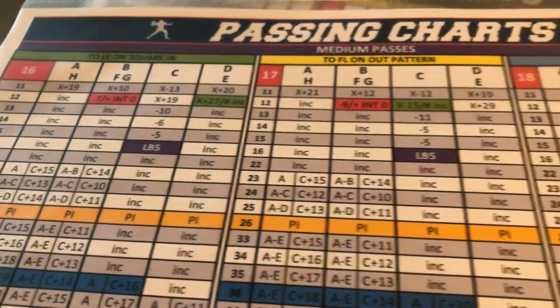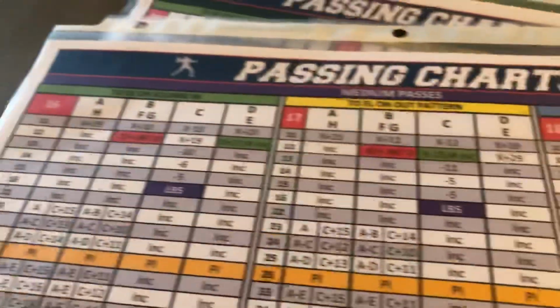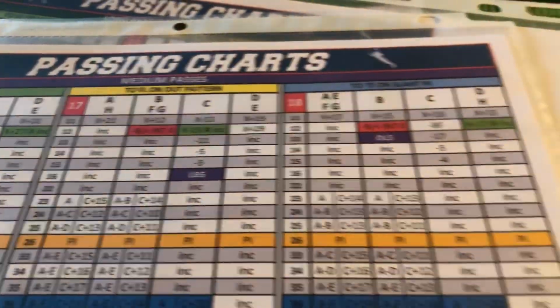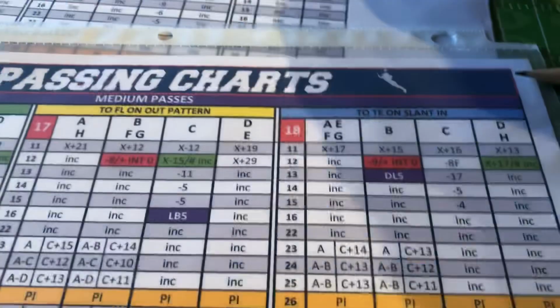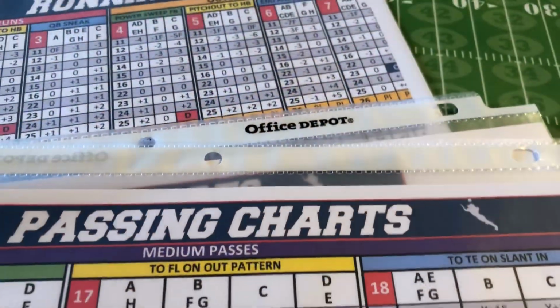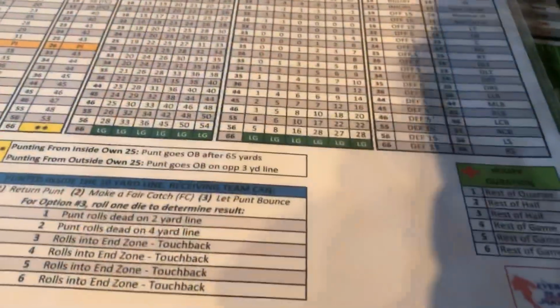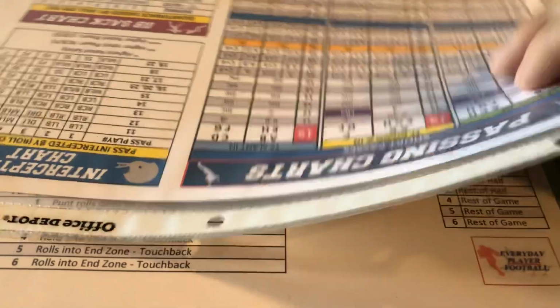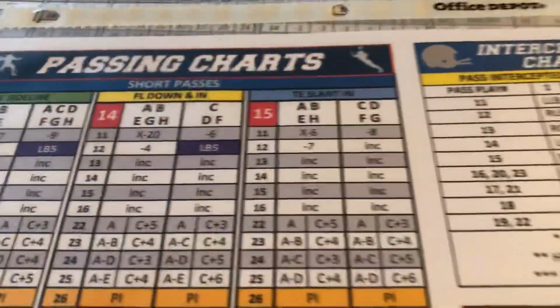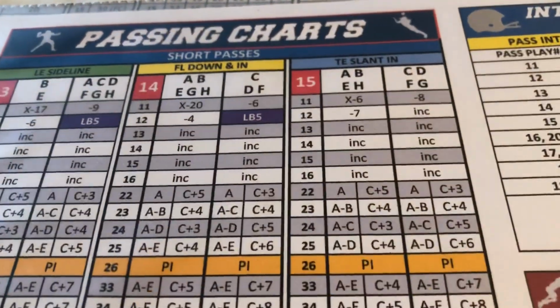These come up a lot. 16, 17, and 18. 16 left end, flanker, tight end. Oh yeah, 13, 14, and 15. These are short passes.